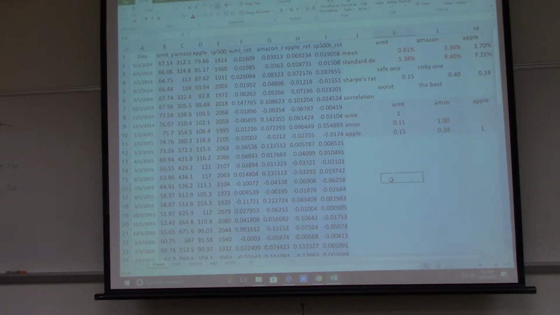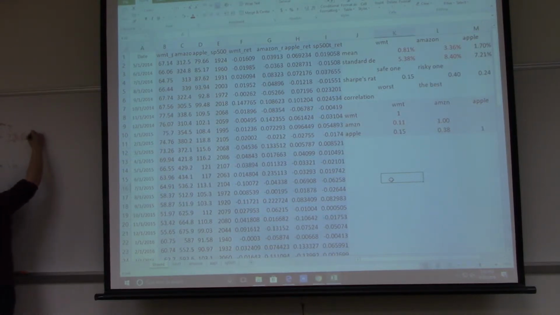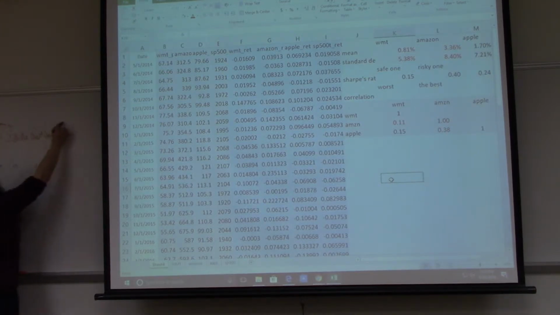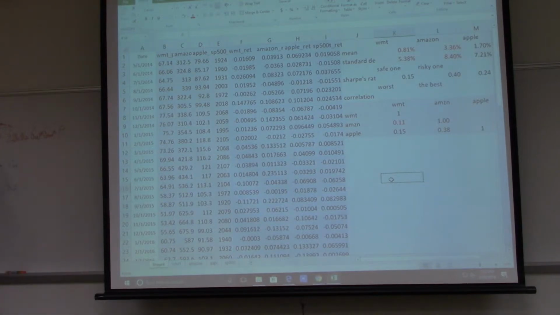I think, let's see. 50%, 50%. Correlation. And then get the square root. Now let's do this calculation.